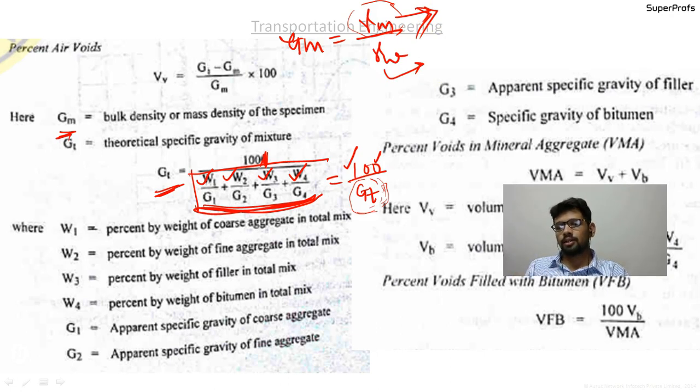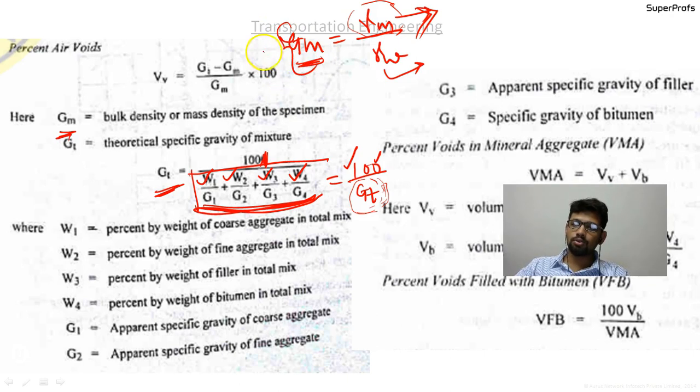When you divide the unit weight of the specimen, the material under consideration, by the unit weight of water, what you get is the specific gravity for that material, that is the measured specific gravity in this case. Then we get the GM value.